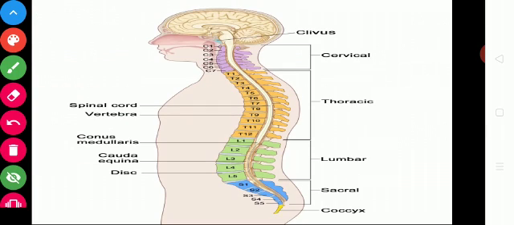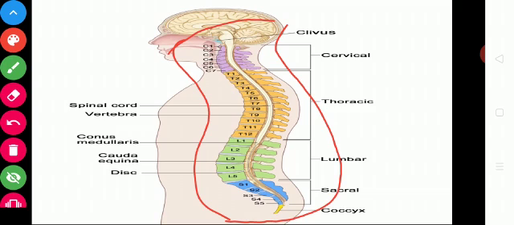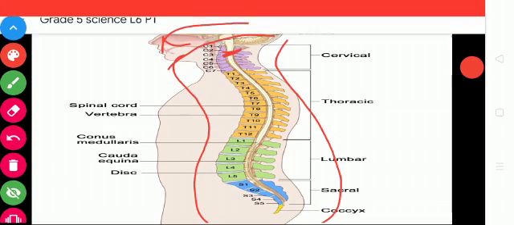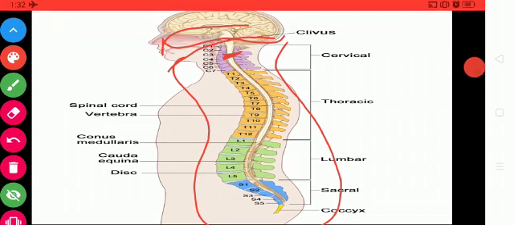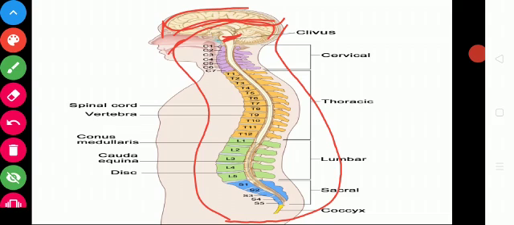See, this picture represents the spine. This full portion is the spine. Here is the starting place of the spine, and it is attached to the head.